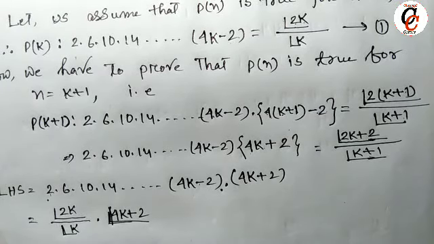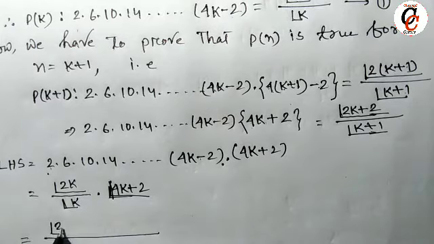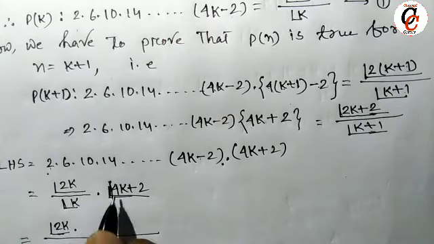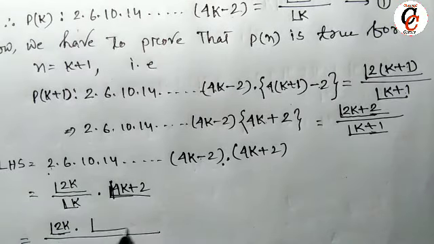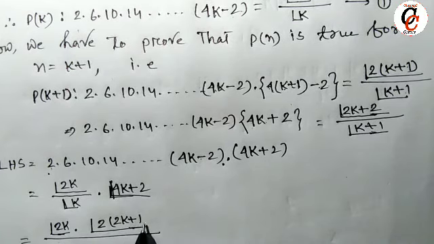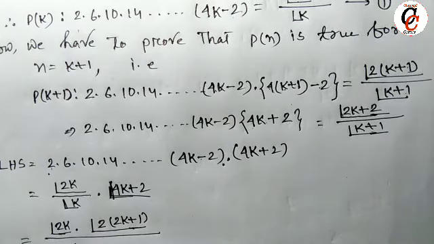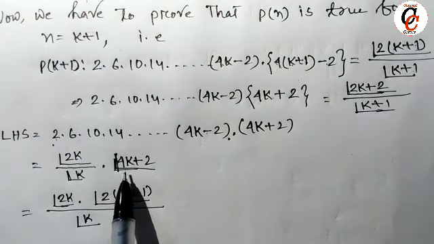Yes. Now see, 2k remains the same, factorial 2k. Here 2 can be taken common, so 2 is common, and we can write 2k plus 1, and here factorial k. Oh, very sorry.